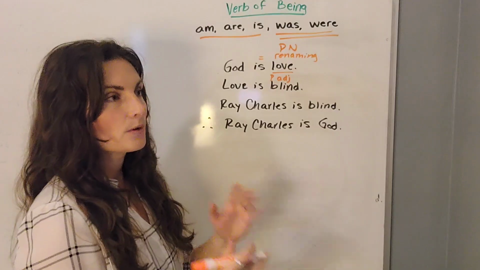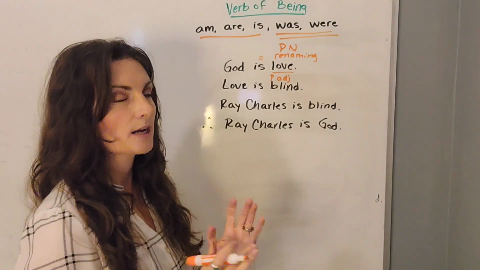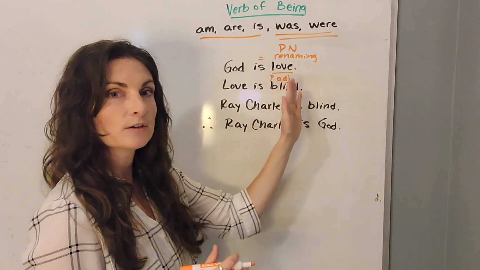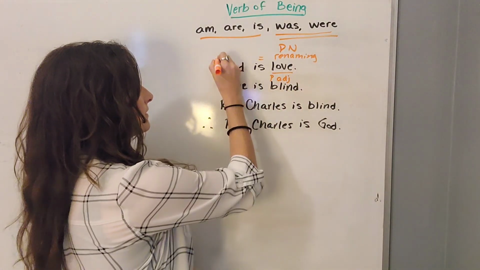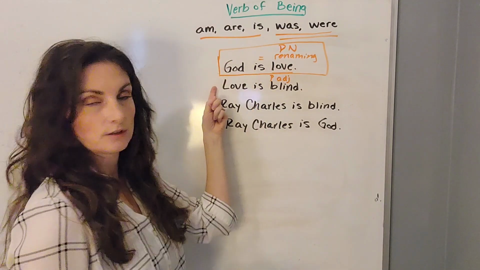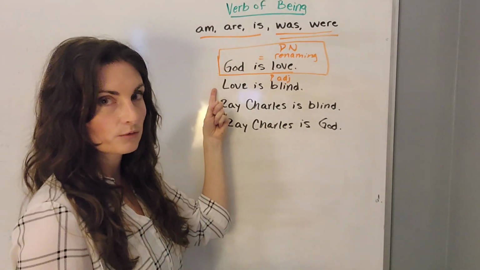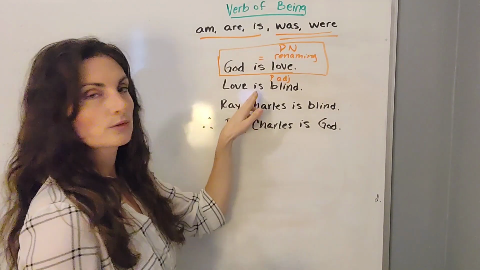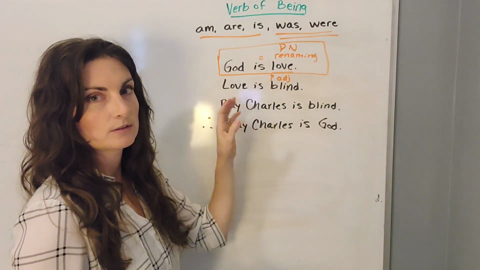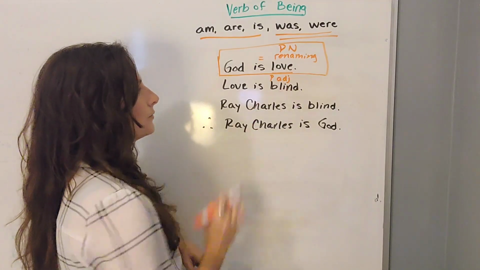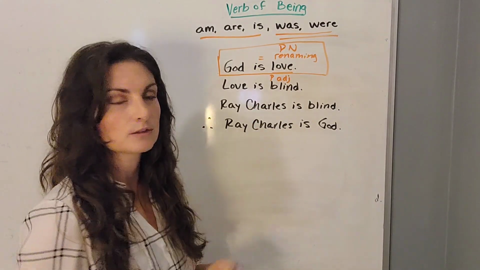In order to do our standard categorical statements, we have to have a noun in the predicate. So this one is the only one that would work out of these two in our standard categorical form, because it has a noun in the predicate. This one is wrong. This one would have to be translated differently. We would have to change blind into a noun.